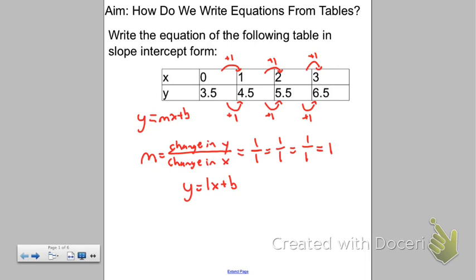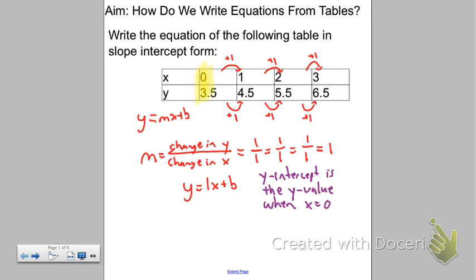Now, there are two ways to find the y-intercept. The y-intercept is the y value when x equals 0. So in the table, you see if you have x as 0 in your table.